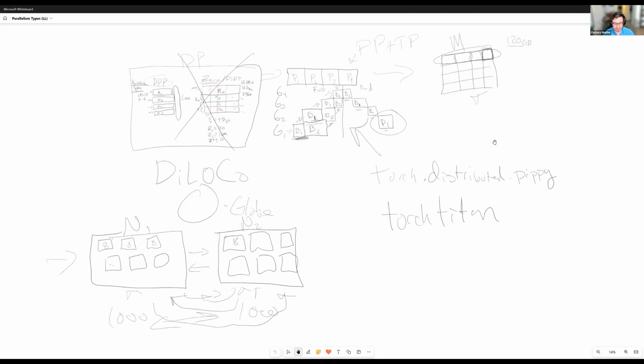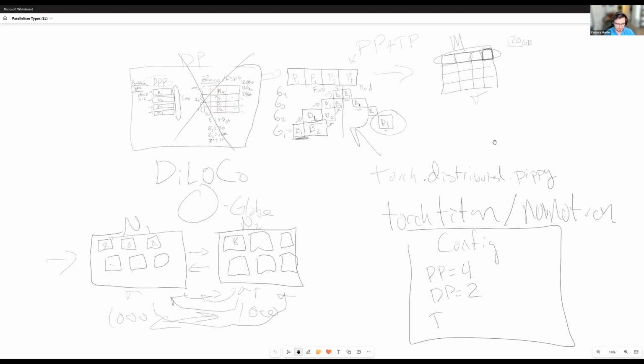So TorchTitan and Nanotron both work in the same fashion of you define some config where you say, I want pipeline parallelism at a dimension of 4. I want data parallelism at a dimension of 2.